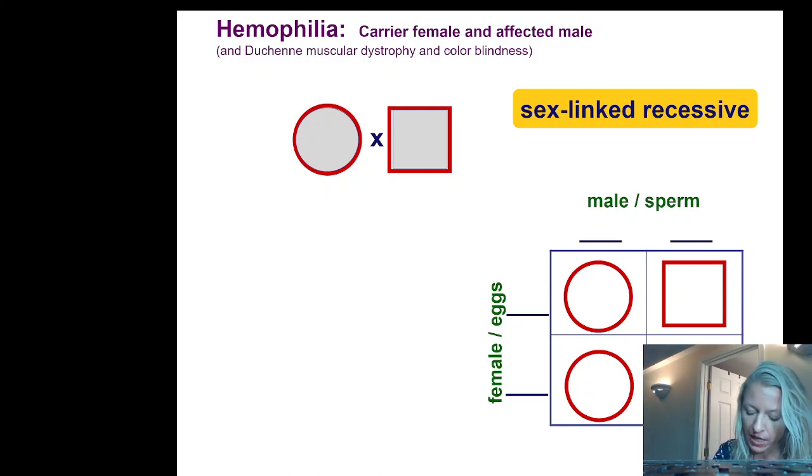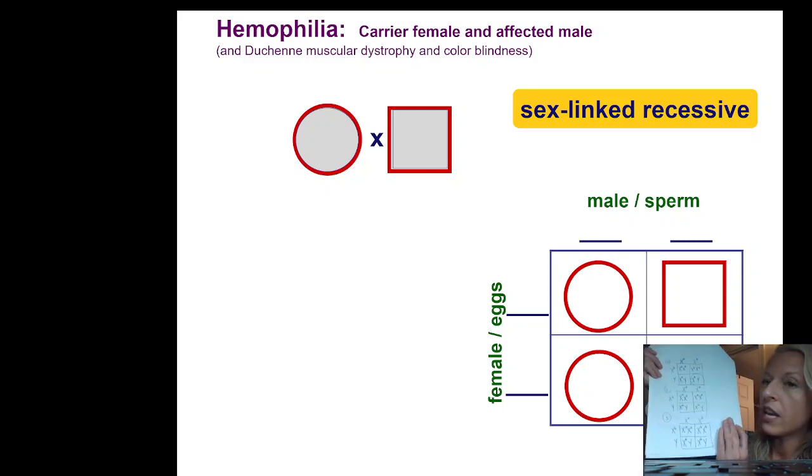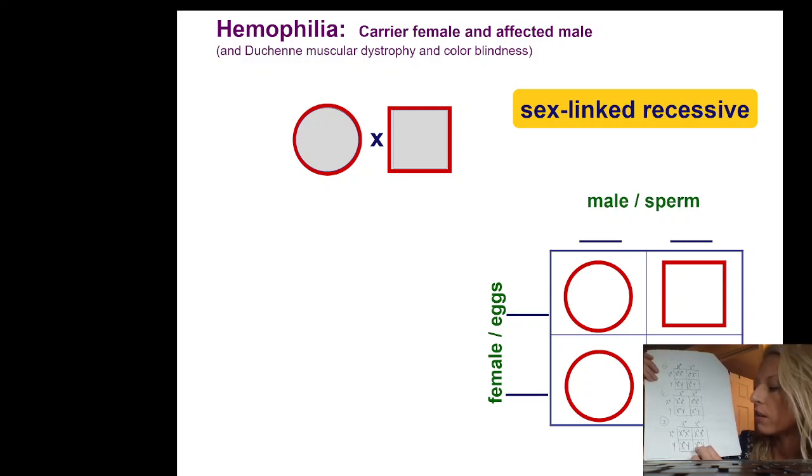I bring down my X big H, X little h, X little h, X little h, X big H Y, X little h Y. In this instance, we end up passing both from mother to son and father to daughter.